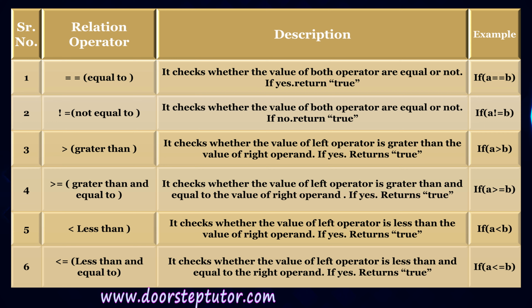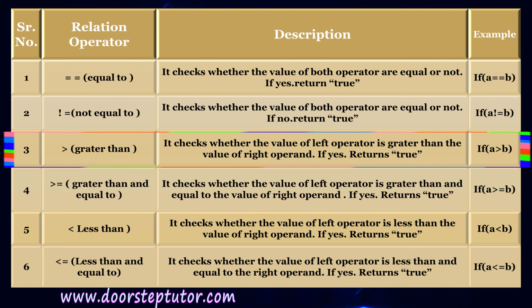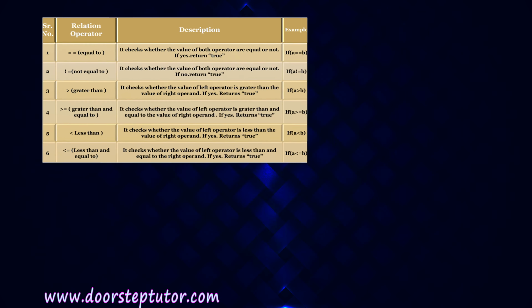Then not equal to, then greater than equal to, less than and less than equal to, and these operators are used with if conditional statement over here. So greater than means that we just want to check whether the particular value is greater than the other, that is the right hand side operand, or not. If yes, it will just provide us the true value. Similarly, the other operators will also work.